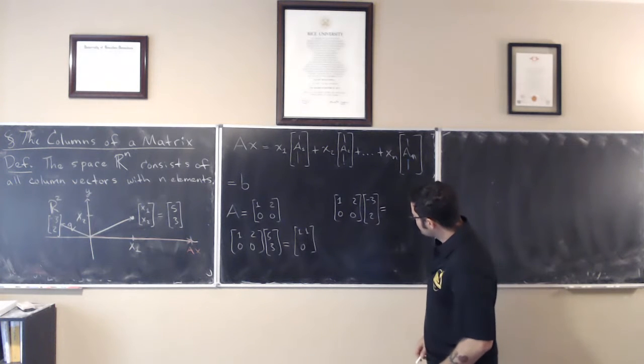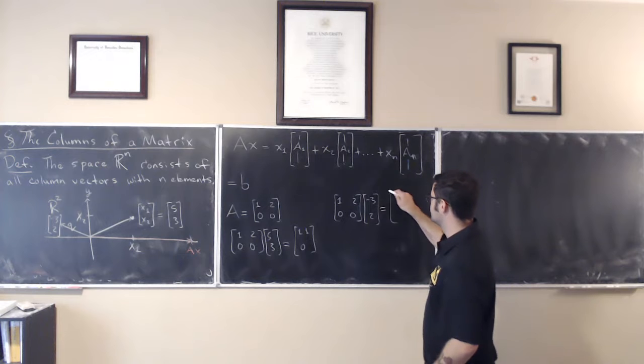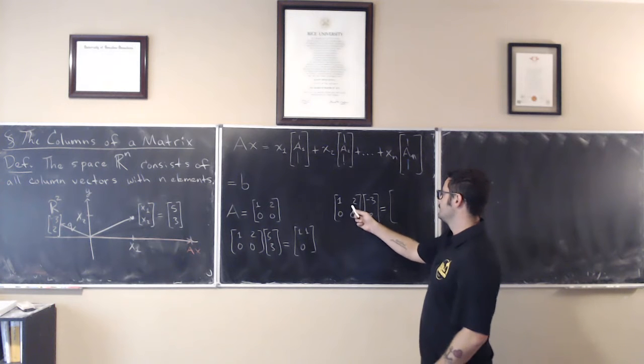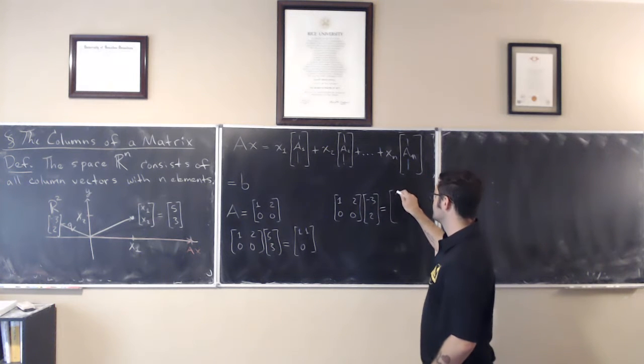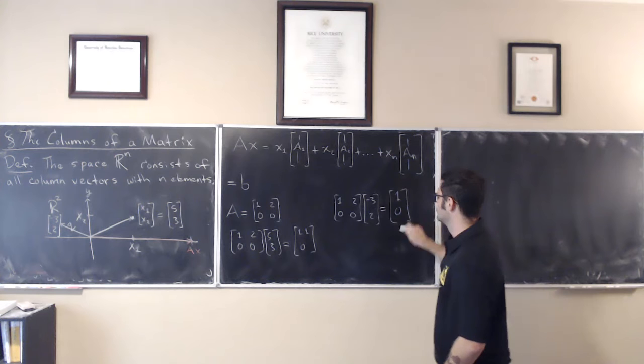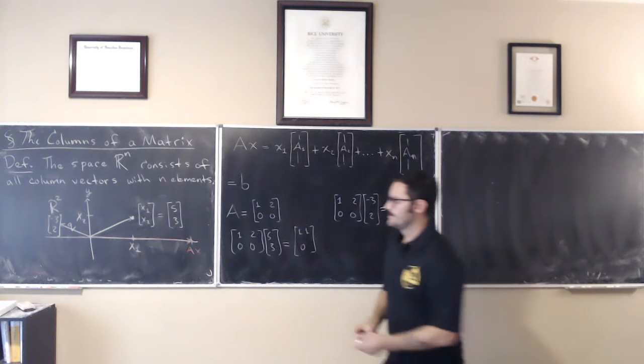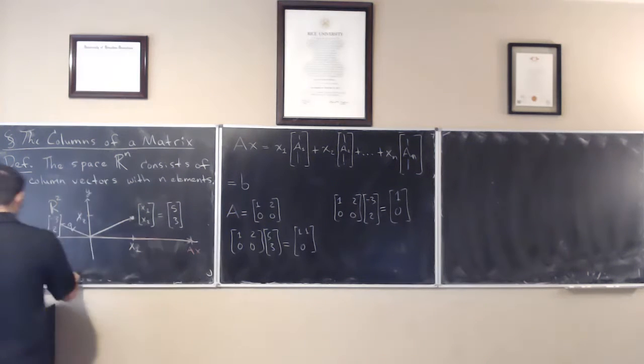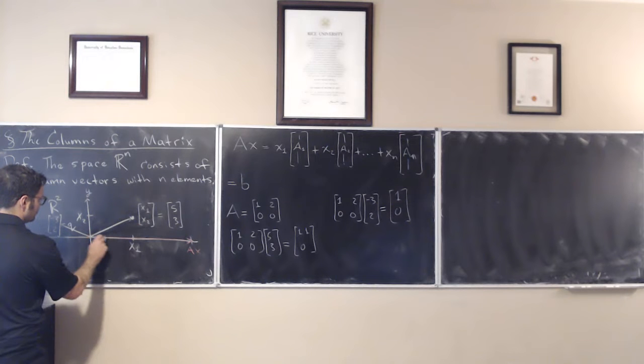So, okay, this is going to be the vector -3 plus 4, so it's 1, 0. So then it'll land right here.